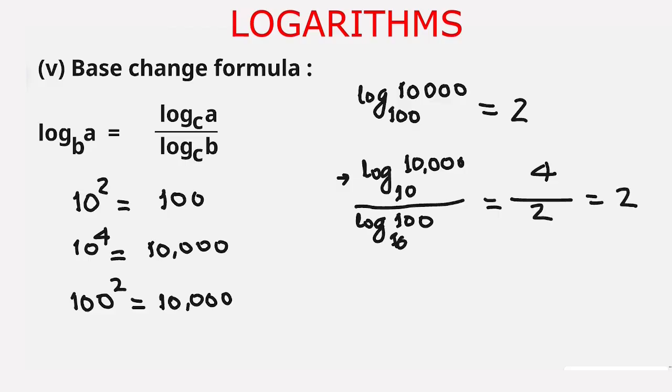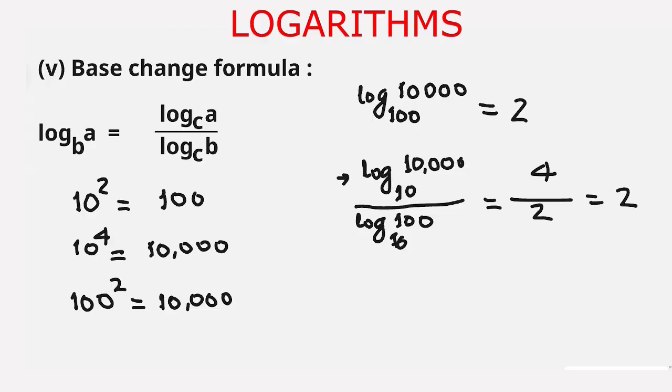So even after changing the base of this log 10,000 base 100 equal to 2, on changing the base we get the same value of 2 when we write log 10,000 base 10 upon log 100 base 10, then it comes out to be 2.